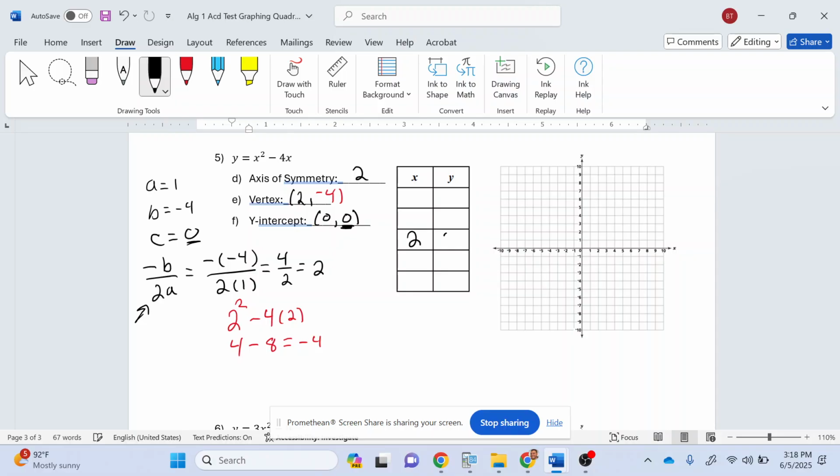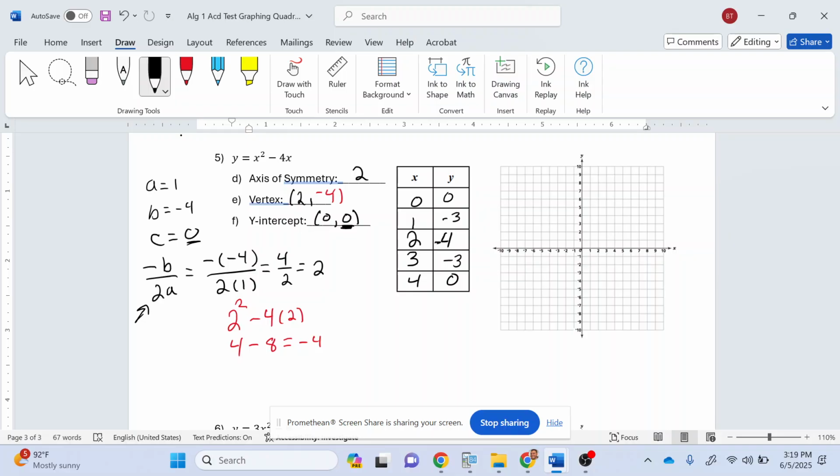So 2 comma negative 4 in the middle, 2 smaller, 1 and 0, and 2 bigger, 3 and 4. Type in your calculator, y equals, second graph, you'll end up getting negative 3, 0, 0.